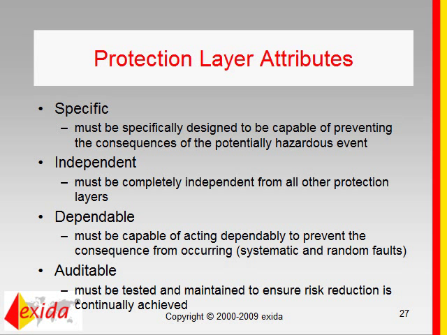We need to take into consideration, in that case, that the DCS is basically the common factor between 2 layers, and we combine them as one layer, because if the DCS fails, both of my layers fail. Dependable, we must be able to act dependably when the situation occurs.